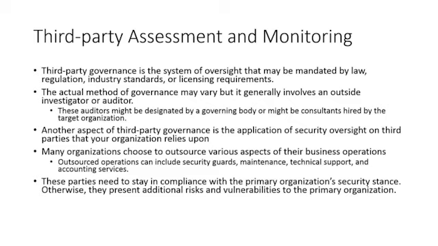Somebody is coming in to your organization to make sure you're doing what it is you're supposed to be doing. Now, the auditors may be designated by, say, a governing body, or might be consultants hired by the organization. So you could hire an outside auditor. Say, I need you to come in and take a look and make sure we're following regulations and industry standards, like PCI.